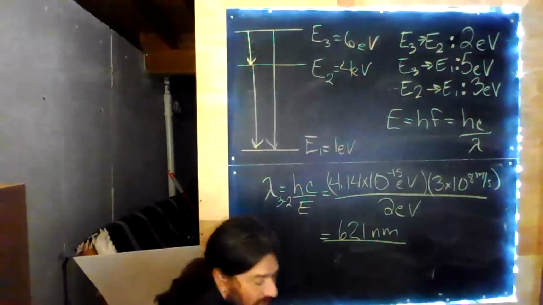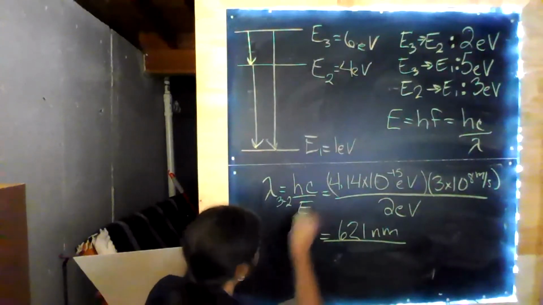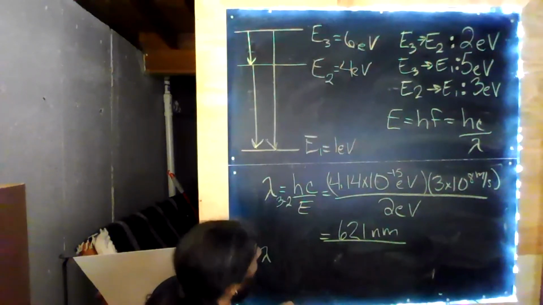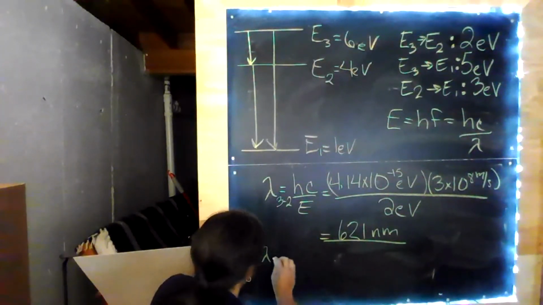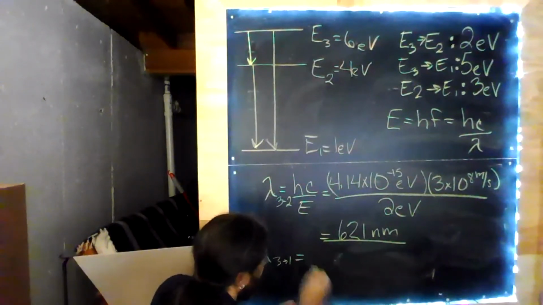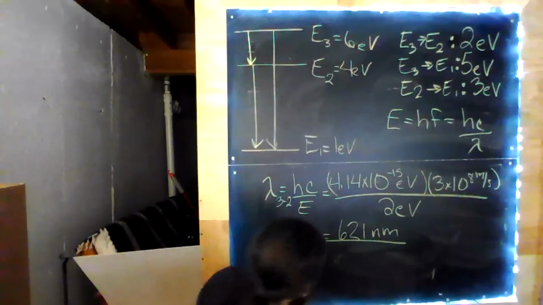Okay, that's in the visible spectrum. It's a reasonable answer. It turns out the math is exactly the same, just our denominator changes. So for lambda 3,1, we get 248 nanometers.